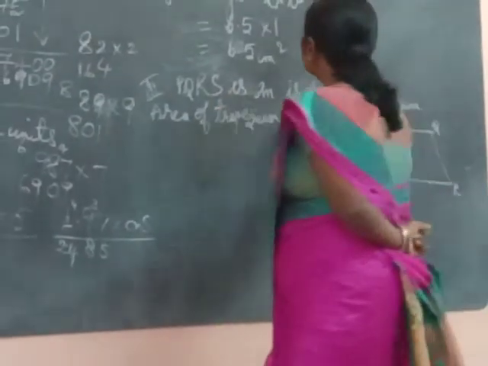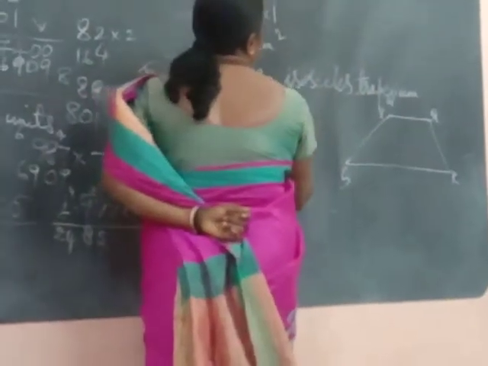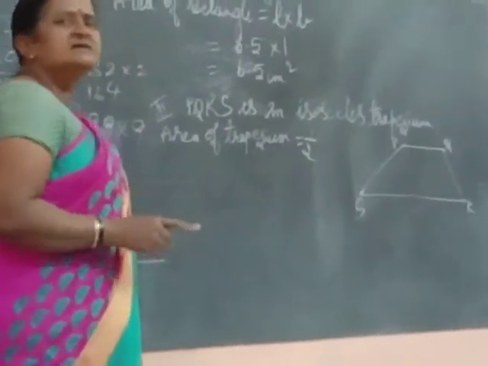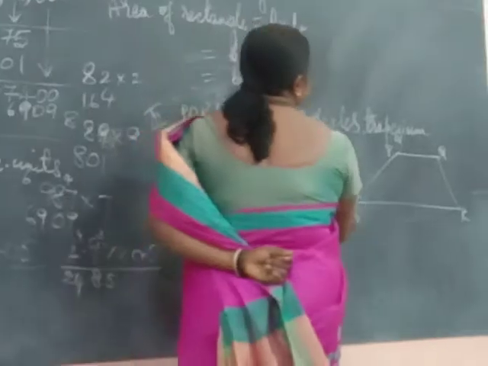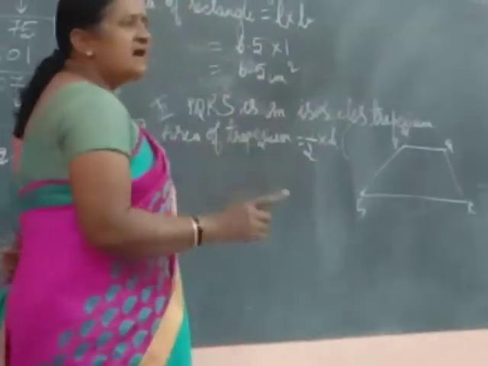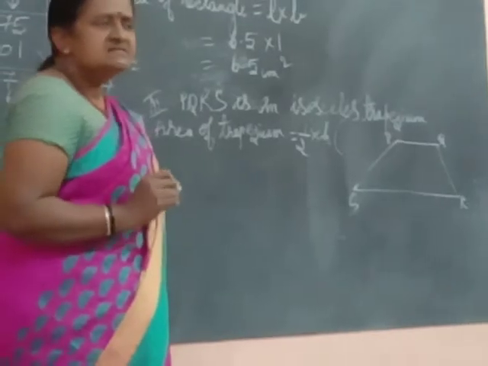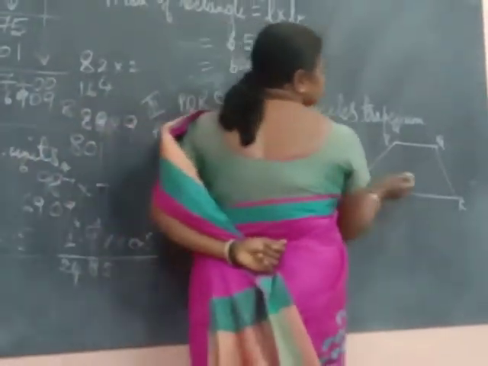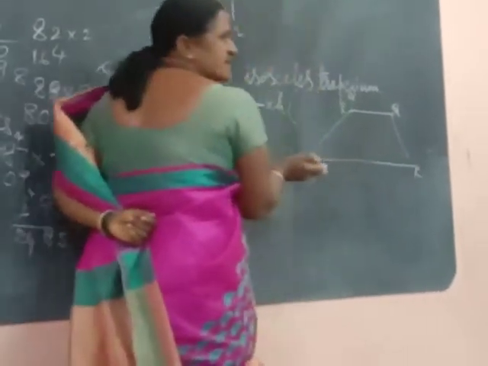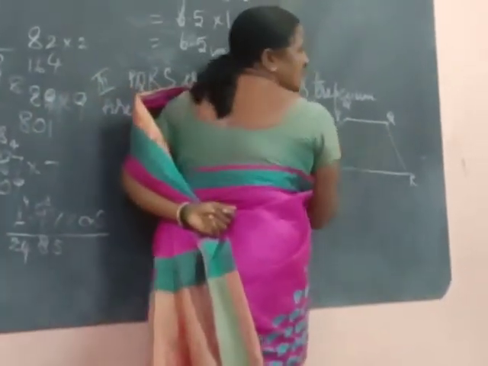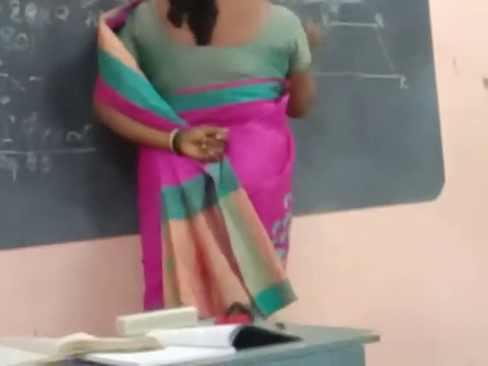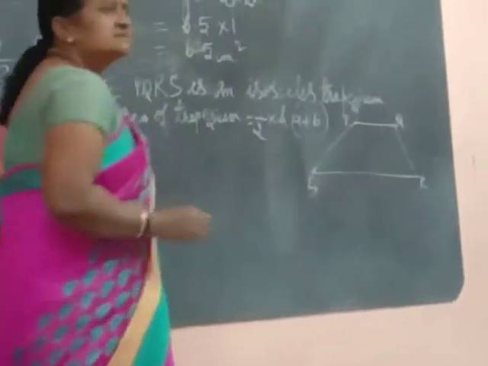Area of trapezium is equal to half into height into the sum of the parallel sides. This plus this, PQ plus SR. These two are parallel sides. These two are non-parallel sides. So let us write A plus B.